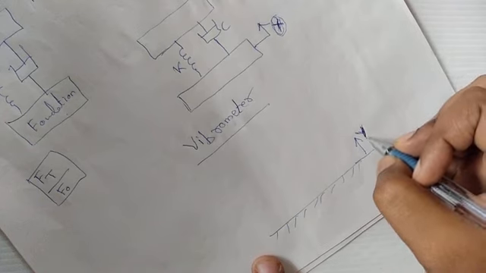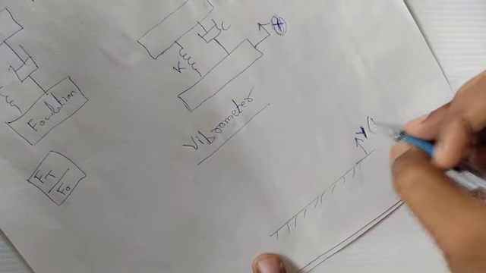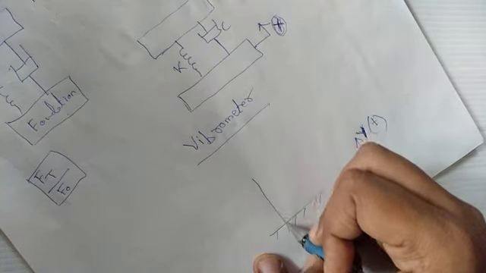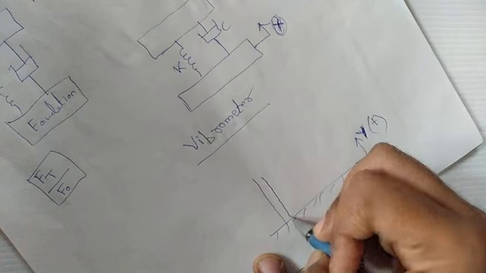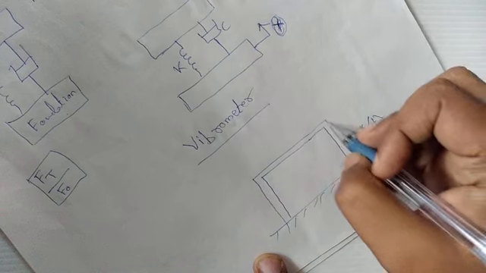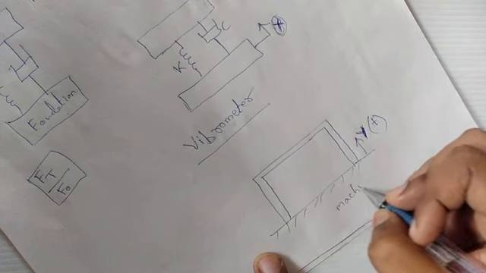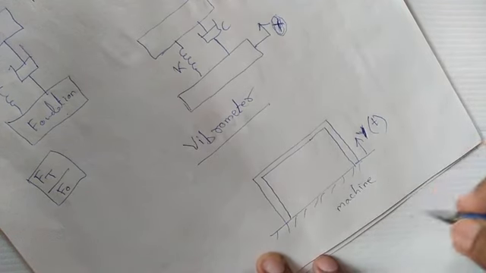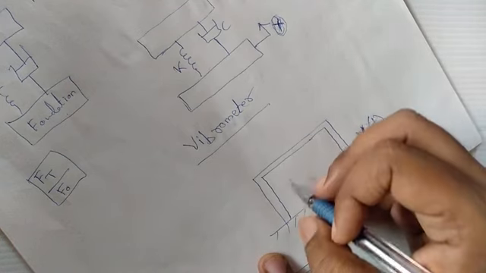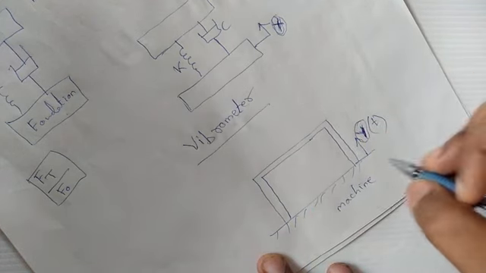There is some vibration over here with respect to time, and you have a frame attached to this machine. This is the machine which is vibrating, or any structure which is vibrating. This is the frame and it is attached to this. So you want to measure how much this is.